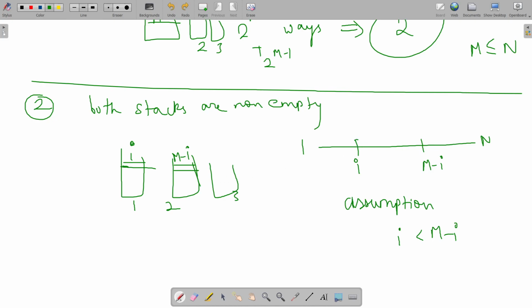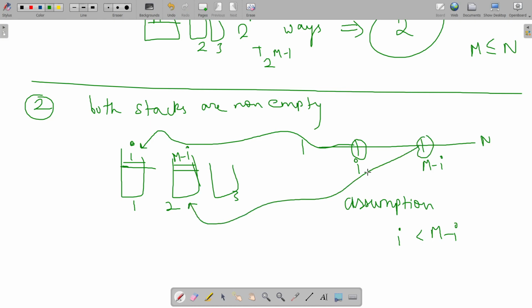So now this element we have said will go to the first stack, and this element will go to the second stack. The rest of the elements we need to check. Can you tell me where the elements which are greater than m minus I will go? Can they go to the first stack? They cannot, because if they go to the first stack, then the top element of the first stack will change.